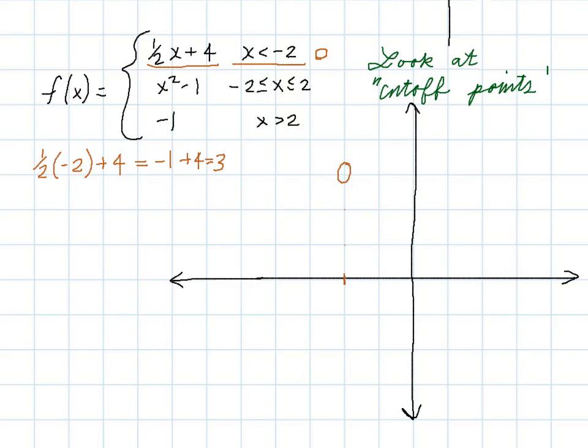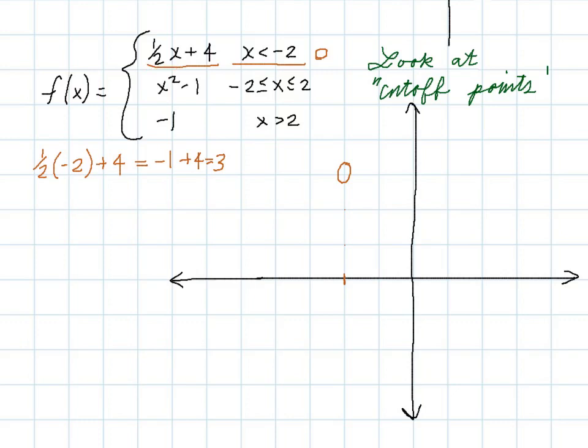And from there maybe I can plug in a couple other points. Since this is a line, I really only need to plug in one more point. Let's not plug in 3 since that's not going to give us a whole number, since we're doing 1/2 of it. So let's plug in -4. 1/2 of -4 is -2, plus 4 is 2.